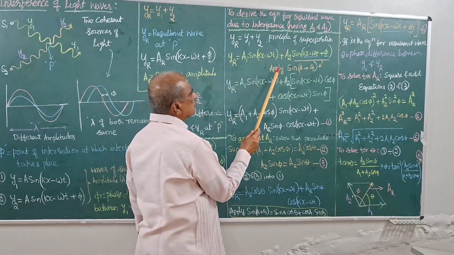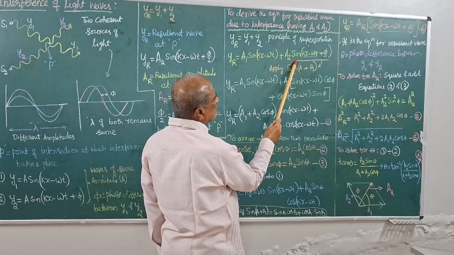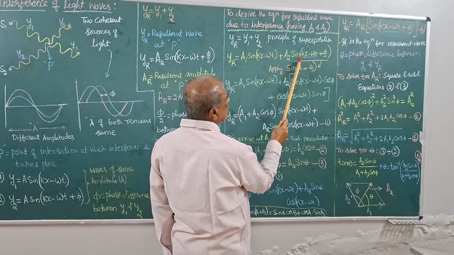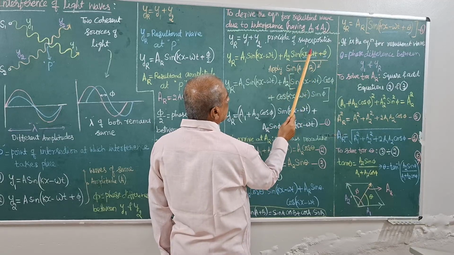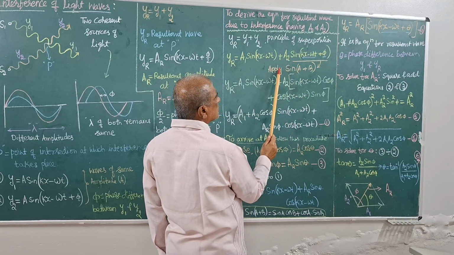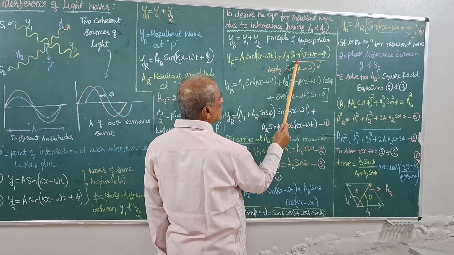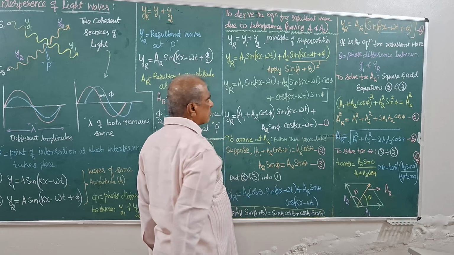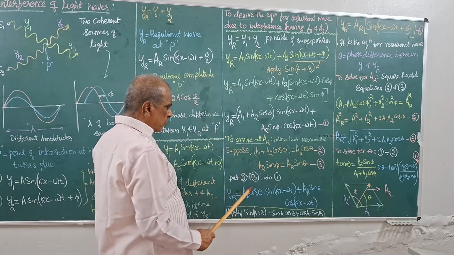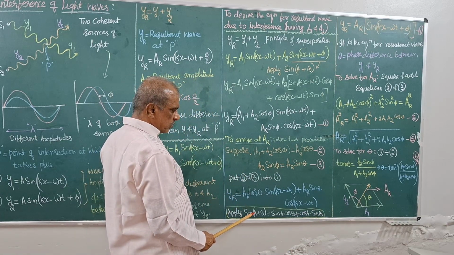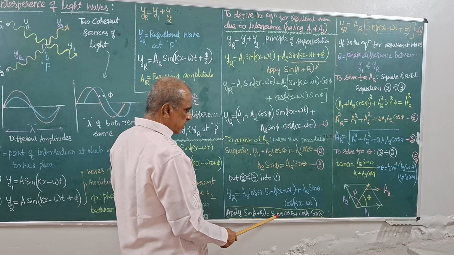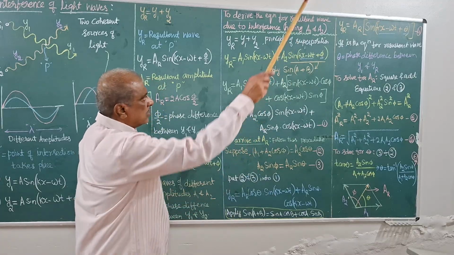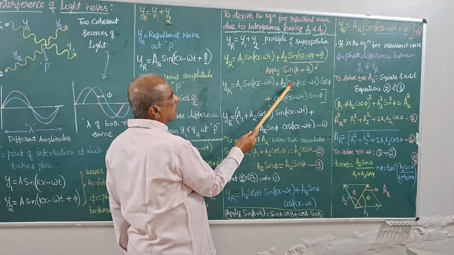In this equation, concentrate on the second term, A2. Let us write this as sine of A plus B. We can apply the standard formula sine of A plus B for this sine function. You can assume this as A, this is B. We know the standard form, sin A cos B plus cos A sin B. Apply this and see what we get.